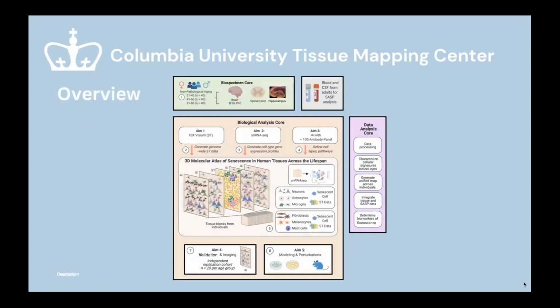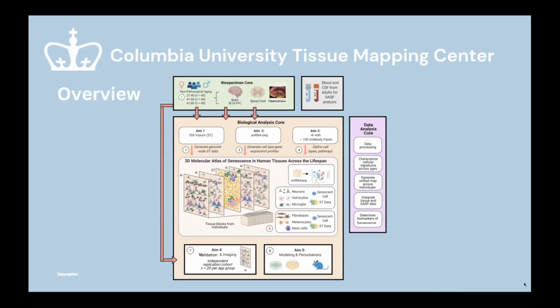The workflow constructed for this research is represented in the following chart. First, we seek tissue samples from the brain, spinal cord, and hippocampus, while noting non-pathological aging characteristics, which include young, middle-aged, and elderly persons.